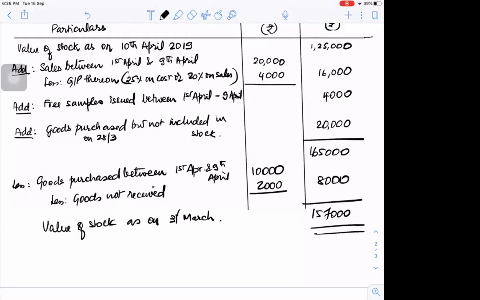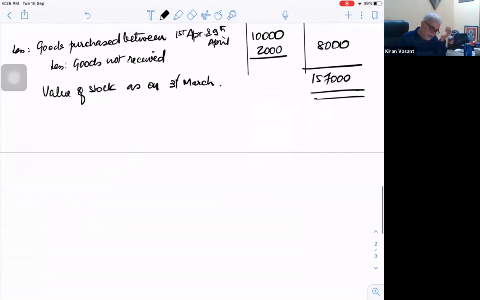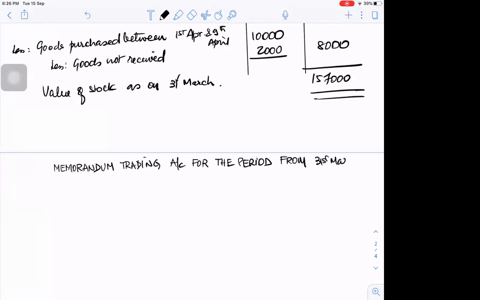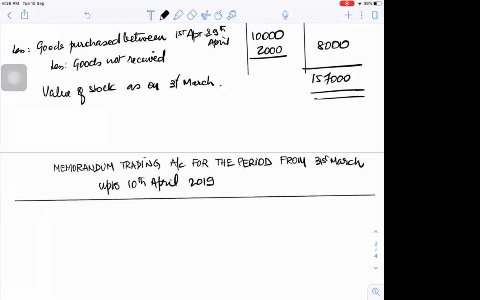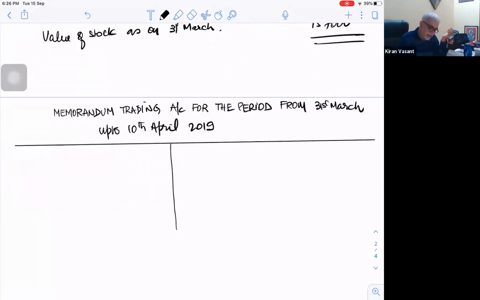Could this be solved using memorandum trading account? Yeah, the other way of doing it is to prepare a memorandum account for 10 days.